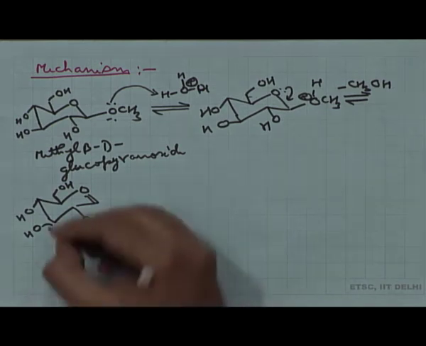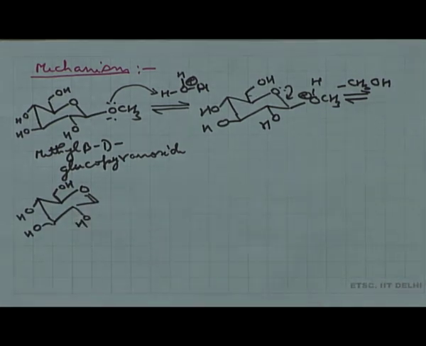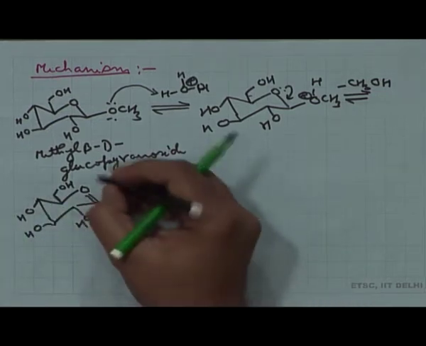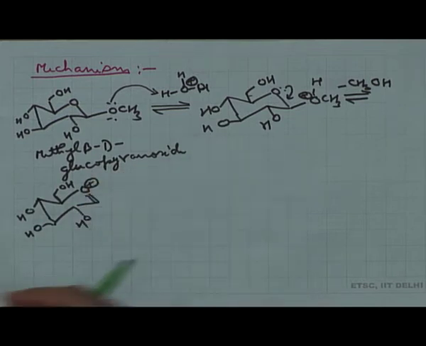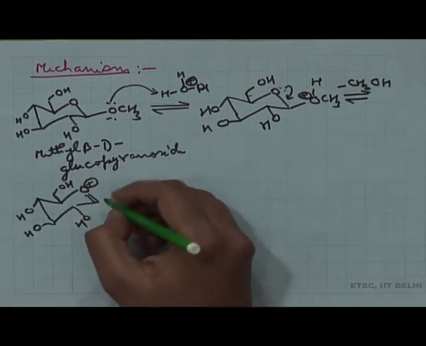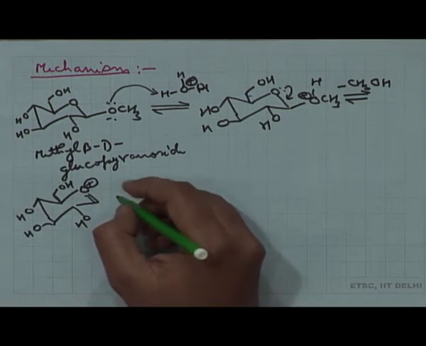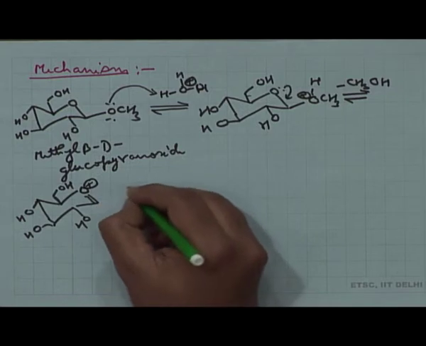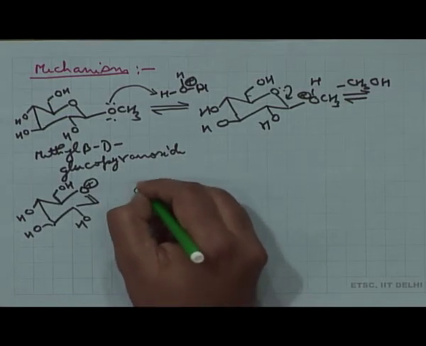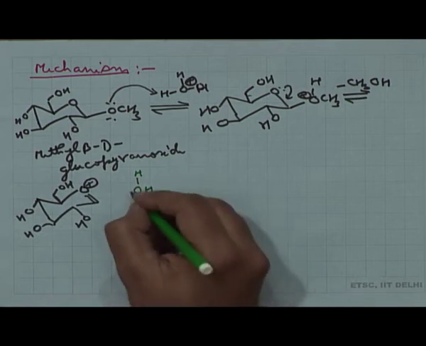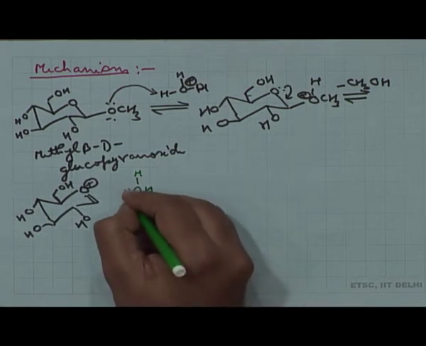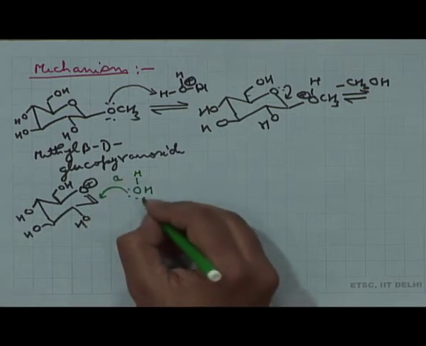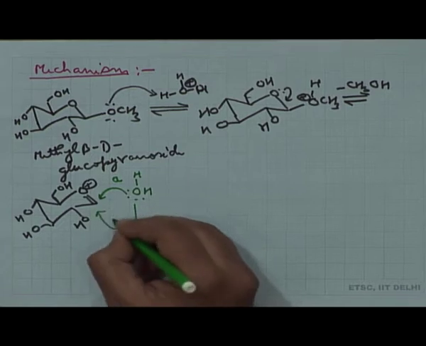Now, again two possibilities exist over here at this sp2 hybridized carbon. One, attack can take place from the top face and the other, attack can take place from the bottom face of this sp2 hybridized carbon atom. So, again let me write the water molecule which is available there in the reaction mixture from the top face, this is A, and the other possibility if it attacks from the bottom face.